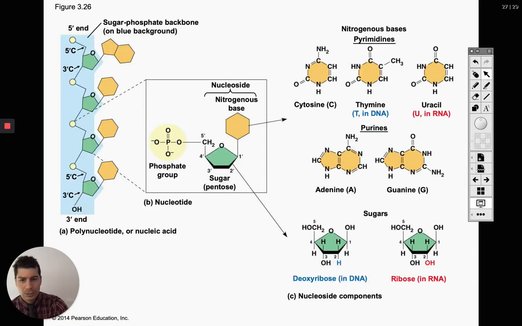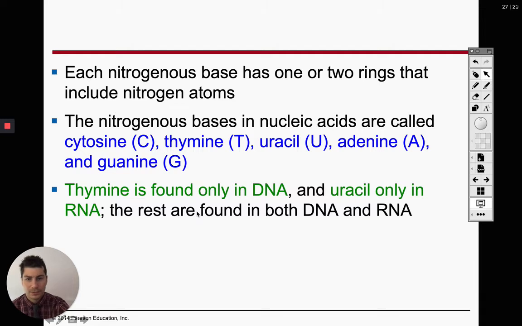So right here, guys, we have our nitrogenous base, our 5-carbon sugar, and our phosphate group. If we are just talking about the sugar and the base, it's called a nucleoside. When we add all 3 of these together, so we've got our phosphate, our sugar, and our nitrogenous base, now it's called a nucleotide. So a little different there.